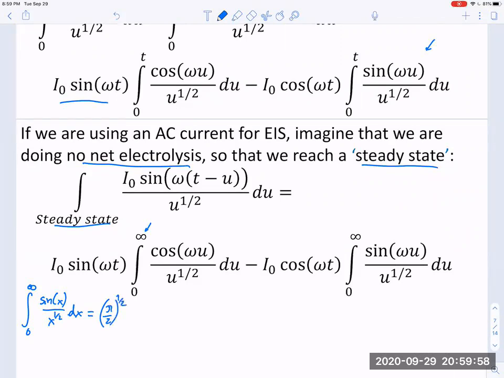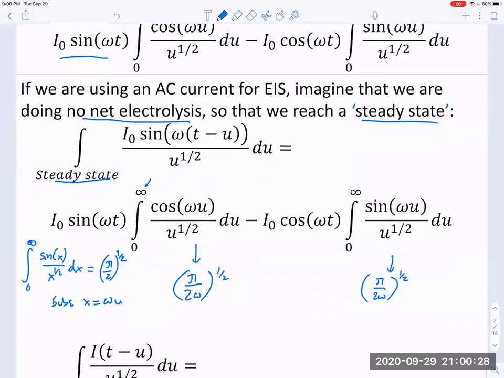So all we're doing is taking this information and substituting this x value for omega u, and we can solve. This integral is just going to end up being (pi over 2 omega) to the 1/2. This one is going to be (pi over 2 omega) to the 1/2, right? Using these identities. We're going from 0 to infinity, so we'll have a similar one for cosine and sine.